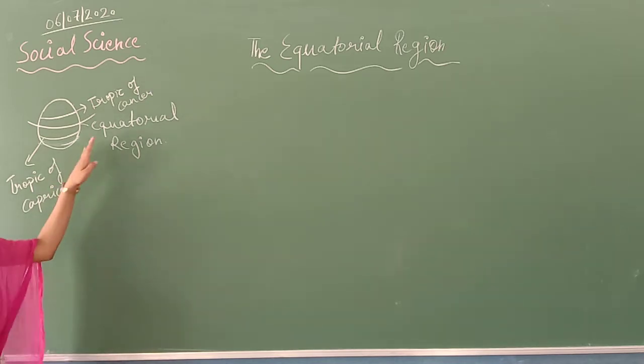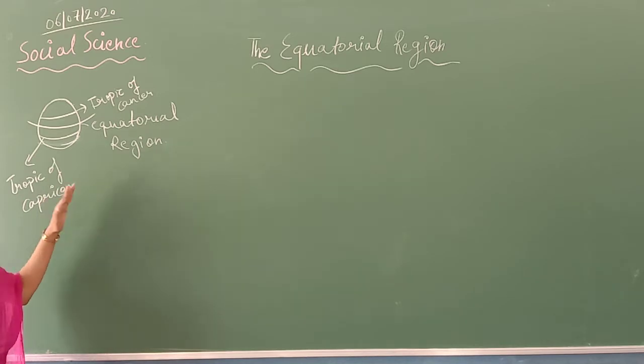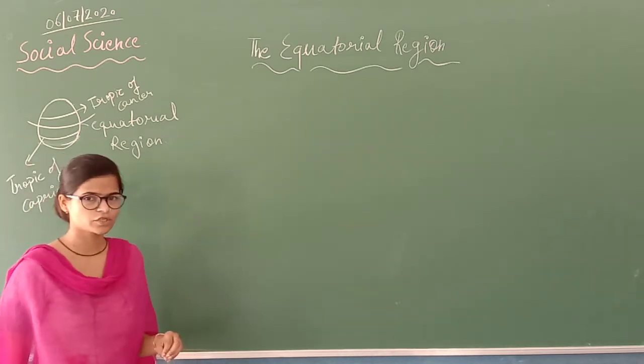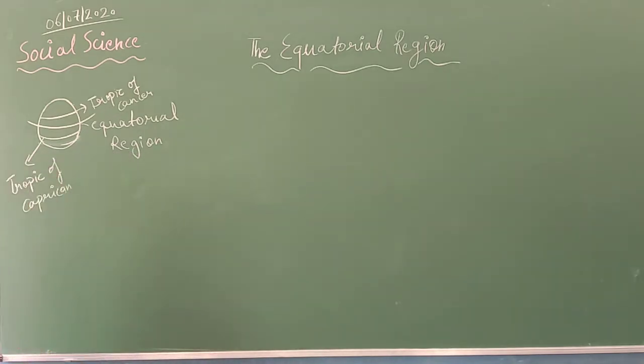So the equatorial region lies between the Tropic of Cancer and the Tropic of Capricorn. So here is the exact location, or you can say the exact place, of the equatorial region.